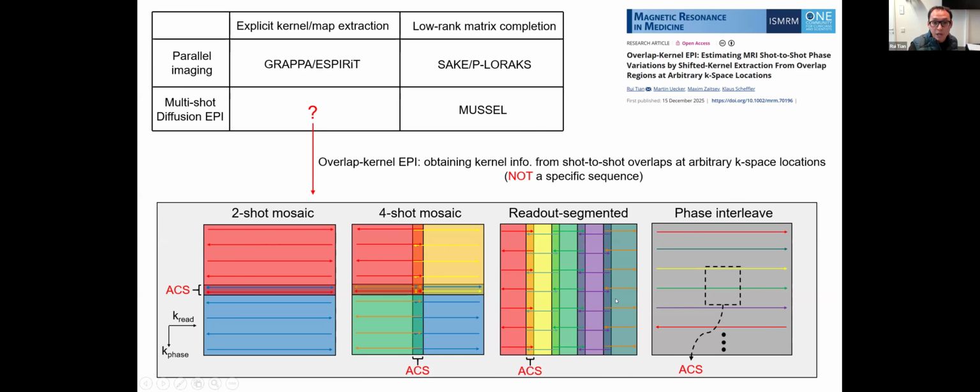And if you do kernel estimation, even at an outer shot-to-shot ACS region that is not the most outer one, the SNR is already low enough to give you some errors in the shot-to-shot kernel estimation, and you'll see slight blurring. I haven't tried it, but I guess if you do low-rank along the most outer k-space regions, it will be even worse, because the SNR doesn't support you to do any estimation.